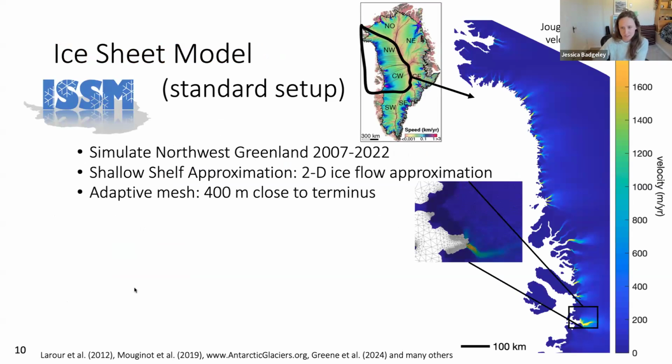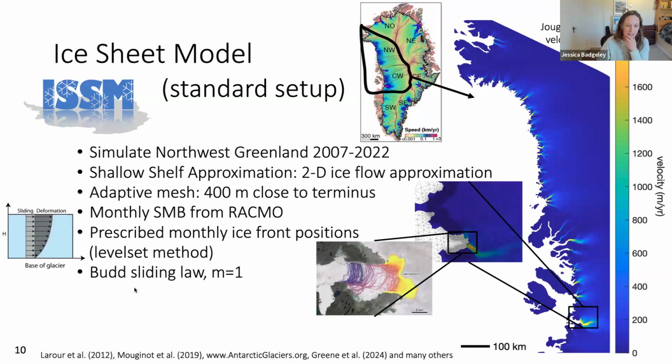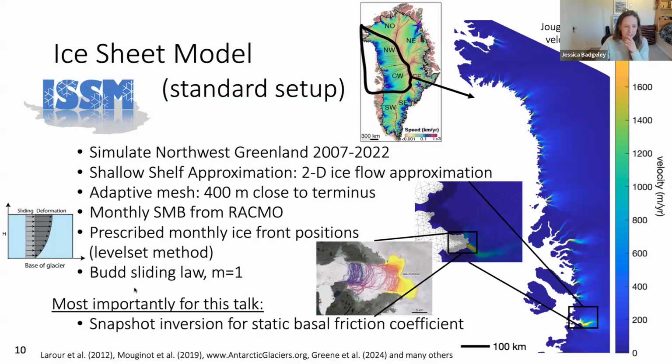I have an adaptive mesh so I can resolve faster flowing regions better, a monthly surface mass balance, and I prescribe monthly ice front positions using the level set method. I have a sliding law, and I use various different ones. And then we start with just the snapshot inversion to try to get at the basal friction coefficient.